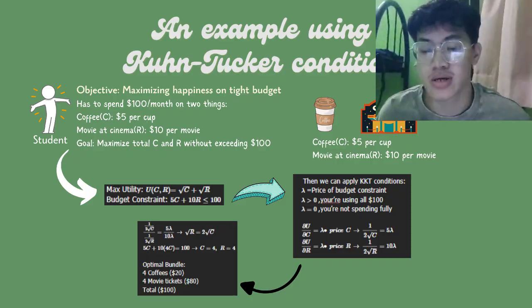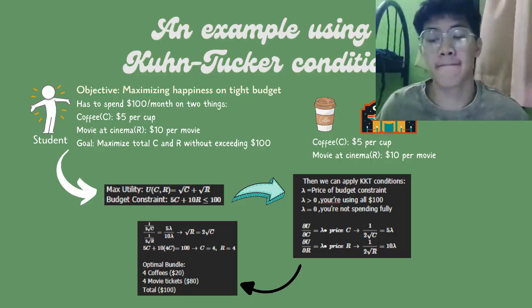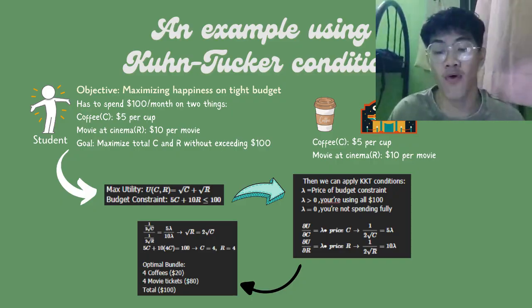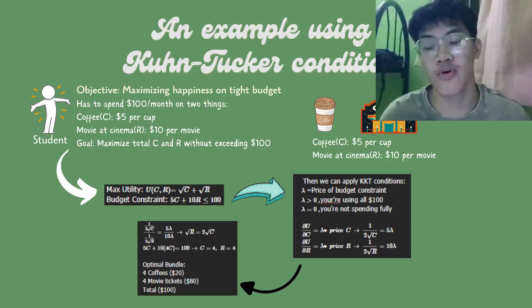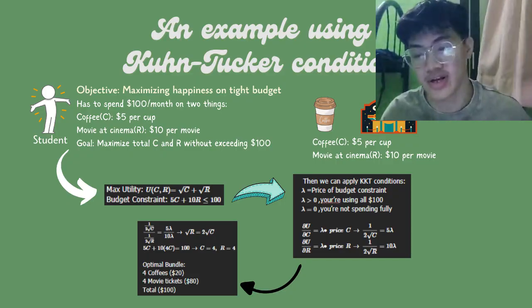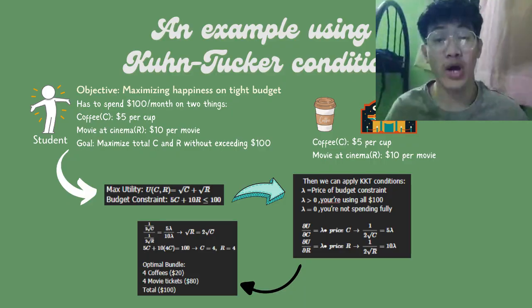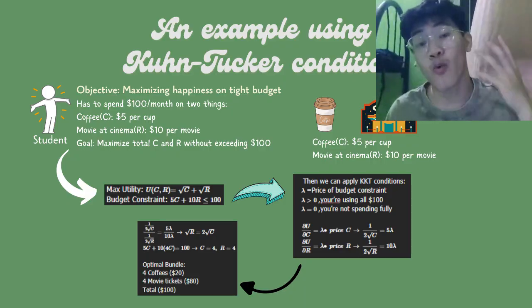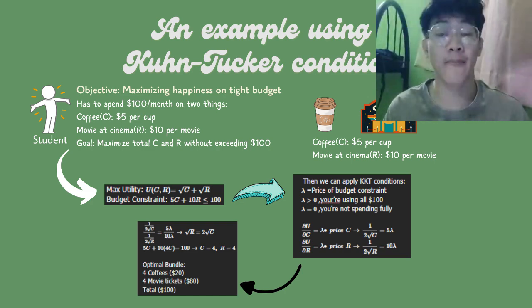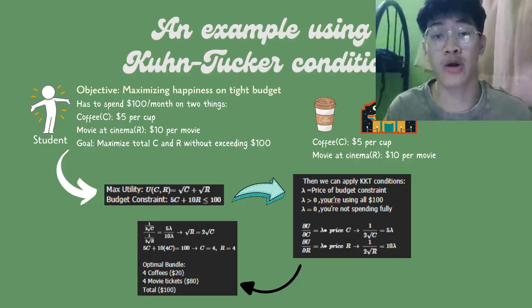This means the optimal bundle is 4 coffees and 4 tickets, totaling 100. So we have maximized our happiness on a $100 budget. That is how you apply real analysis in our economy.